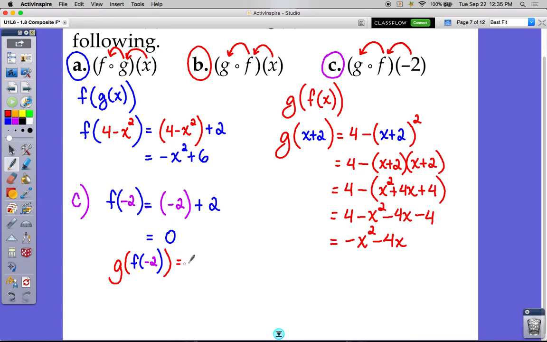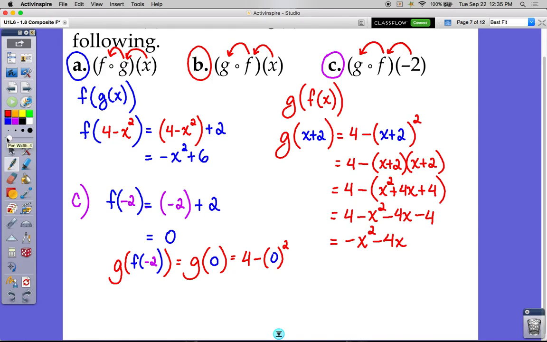That means I'm really looking for g of 0, which is equal to, well, 0 is going to go into 4 minus x squared, so 4 minus 0 squared. Well, 4 minus 0 is 4.